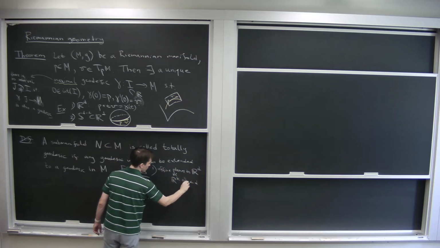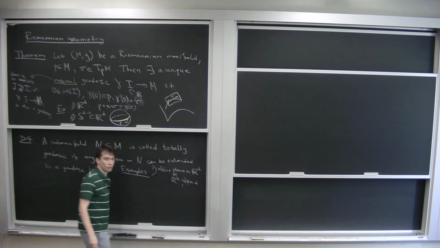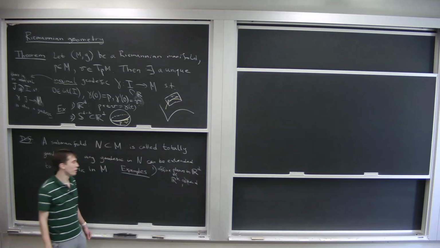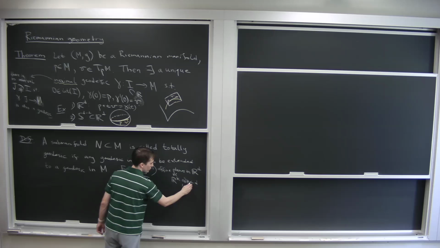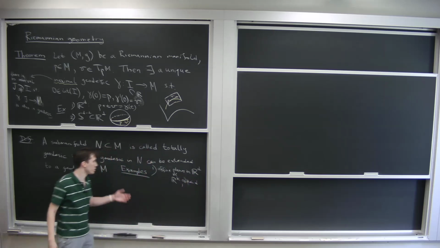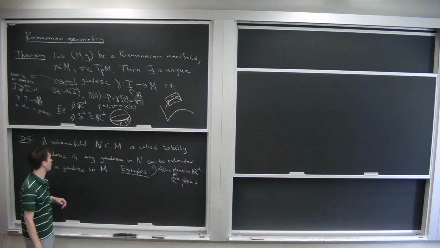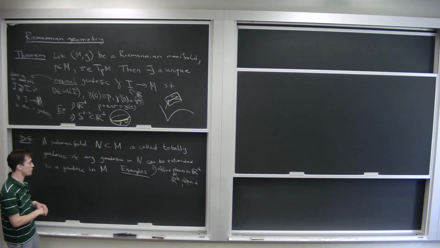Okay, and it can be actually even zero, right, since I can take a point. But in fact, I can take here also less than or equal, but I'm interested in proper totally geodesic subspaces.